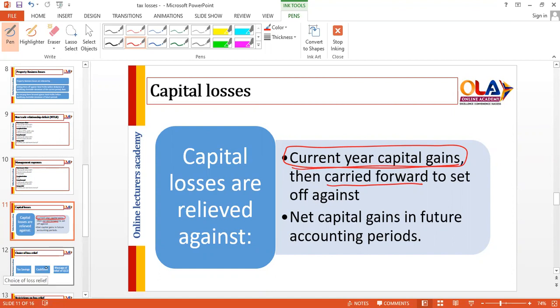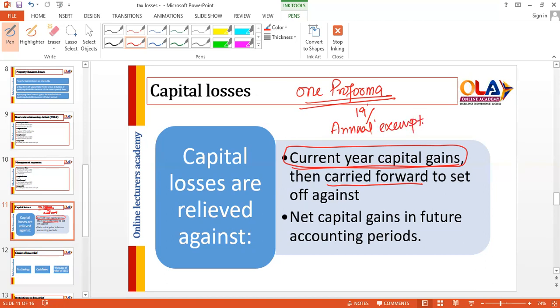One difference between the individual chargeable gain and the corporate chargeable gain, that is the capital gain, is that there is just one pro forma. And the tax rate for the corporation for CGT is 19%. Similarly, there is no annual exemption available in case of chargeable gain.